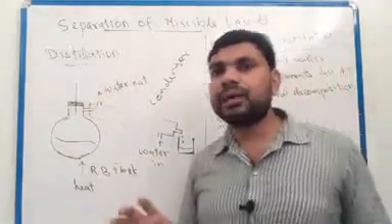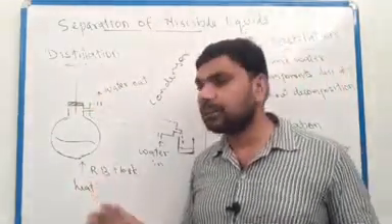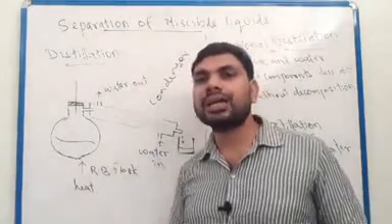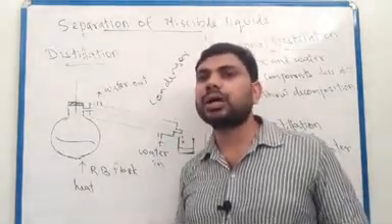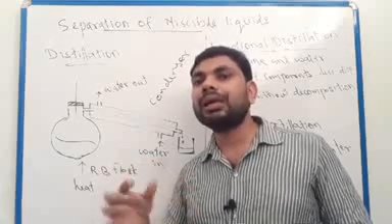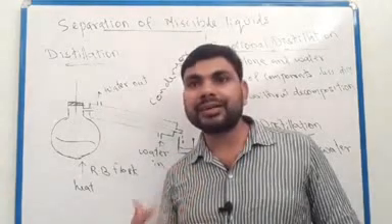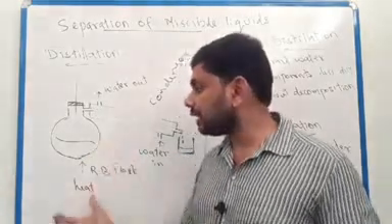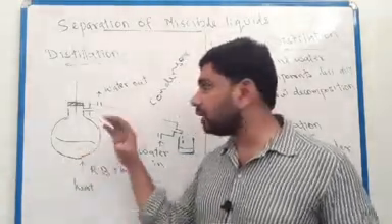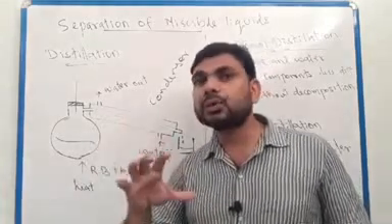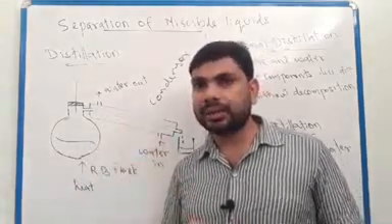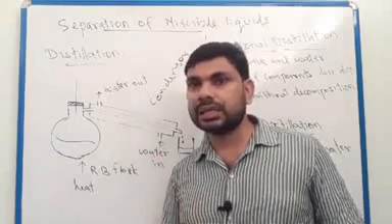For example, we have a mixture which contains water and alcohol. Alcohol will boil at 70 degrees Celsius, water will boil at 100 degrees Celsius. So we will heat here and maintain the temperature around 80 degrees Celsius. Clear?